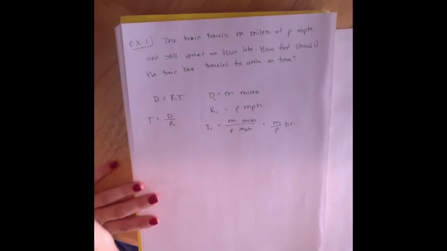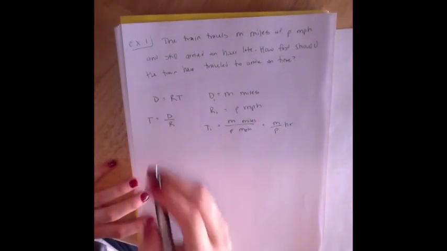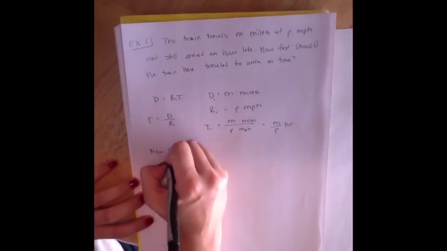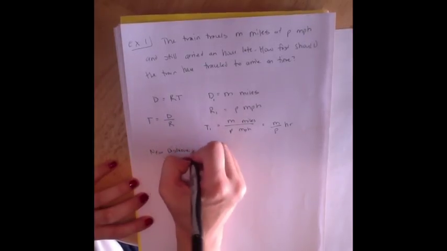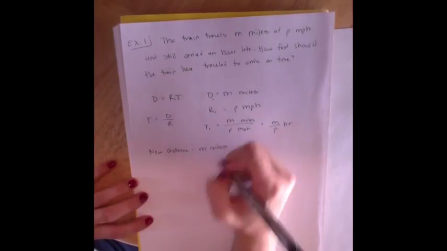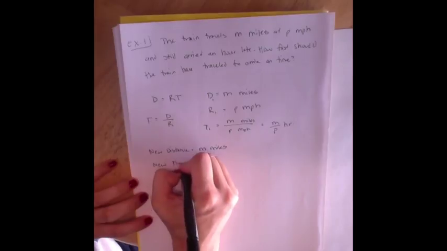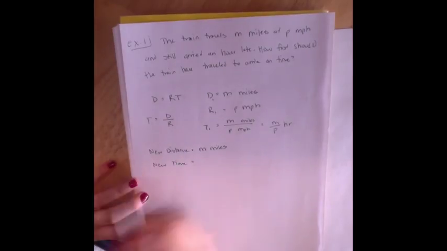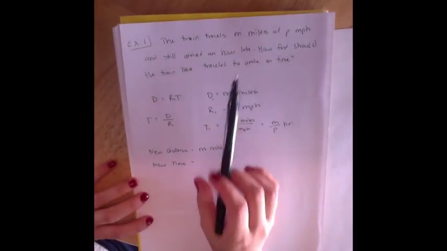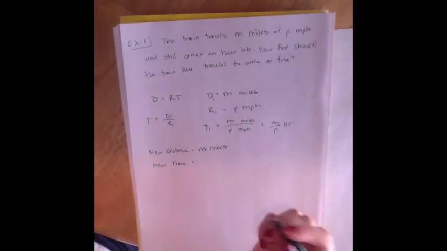Okay. Now, how fast should the train travel to arrive on time? My new distance is the same, right? I haven't changed. I'm still going the same distance. My new time, right? I was an hour late, meaning I'm going to go an hour faster.